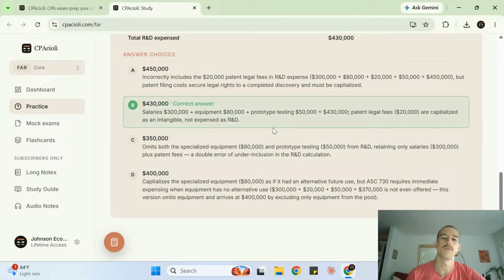So salaries, equipment, and prototype testing are all R&D, but patent legal fees are capitalized as an intangible, not expensed as research and development. Good to know. I know the typical legal fees are expensed as incurred, but I guess patent legal fees are capitalized as an intangible, not expensed.